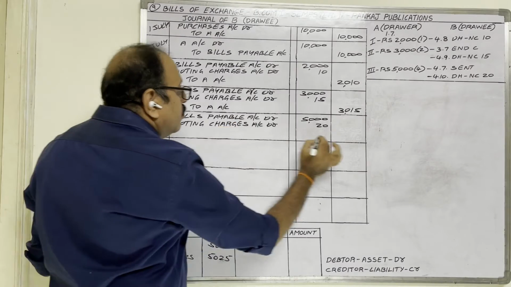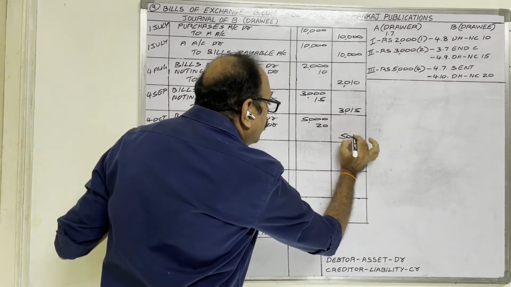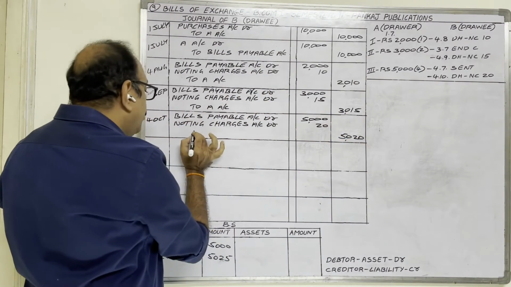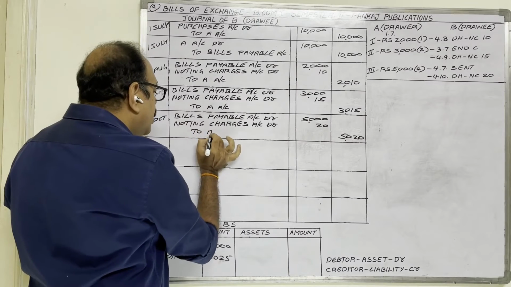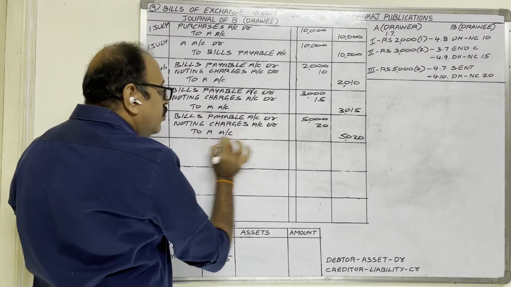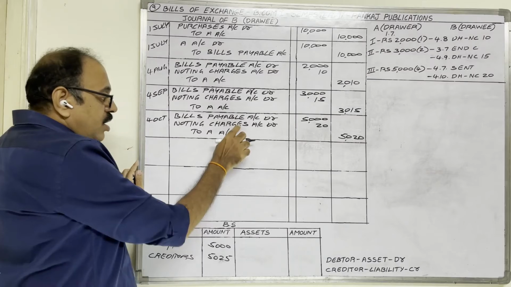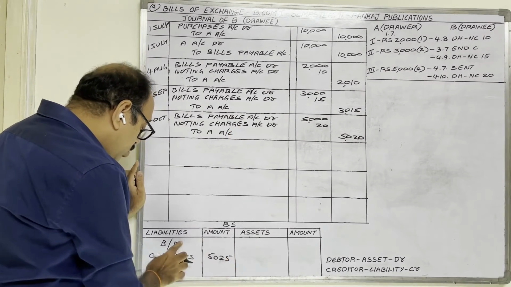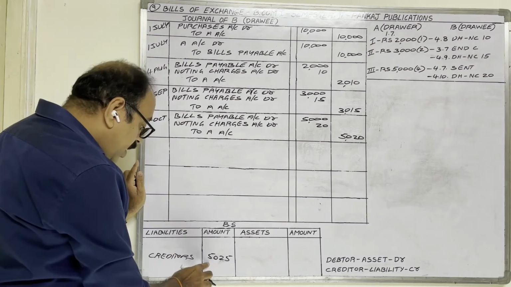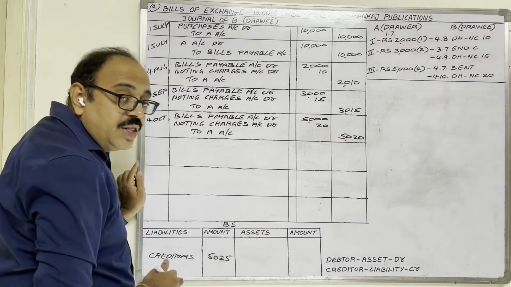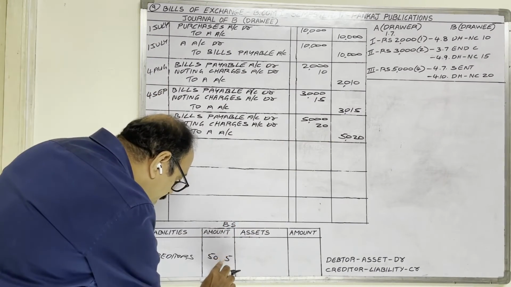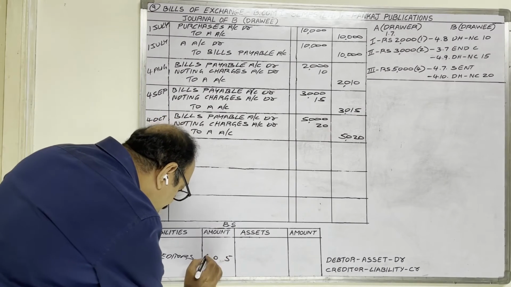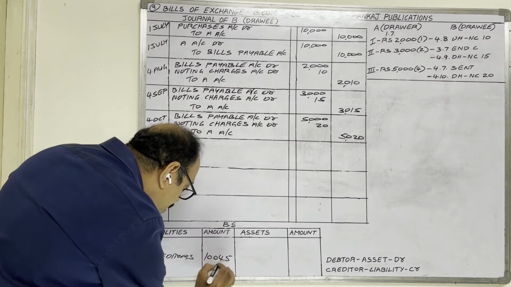For this 5,020 rupees, again A is becoming a creditor. We have to credit A account with 5,020 rupees. What is the effect on balance sheet? Now bills payable 5,000 is also cancelled. Creditor is increased by 5,020 rupees. Then total creditor amount becomes 10,045 rupees.